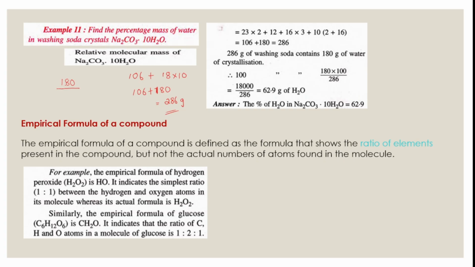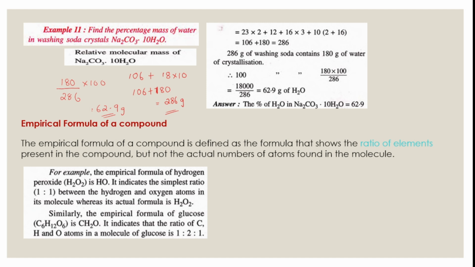How many molecules of water are there? 10 molecules. So 18 into 10, 180. And what is the total molecular mass? 286, into 100. So if you solve this, you will get 62.9 grams. So in washing soda, the percentage composition of water is approximately 62.9 gram. Hope it is clear to you.